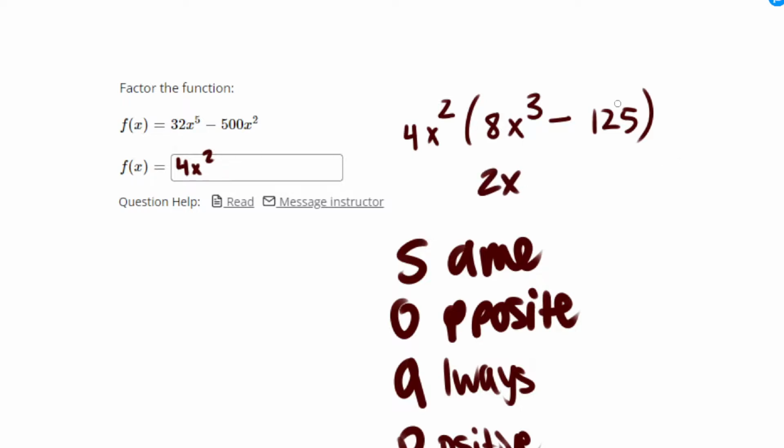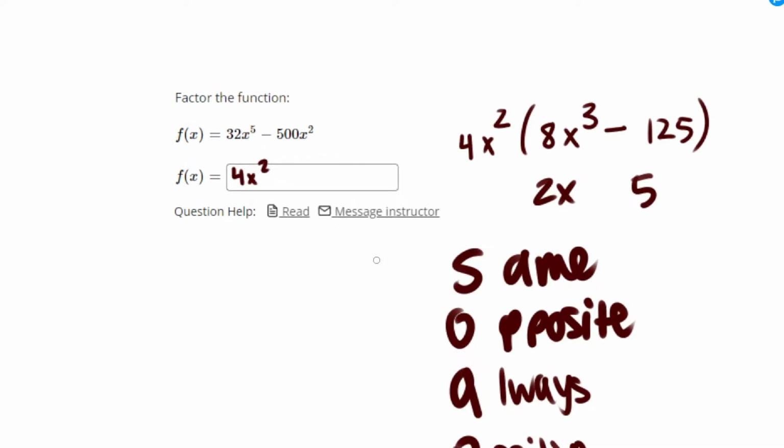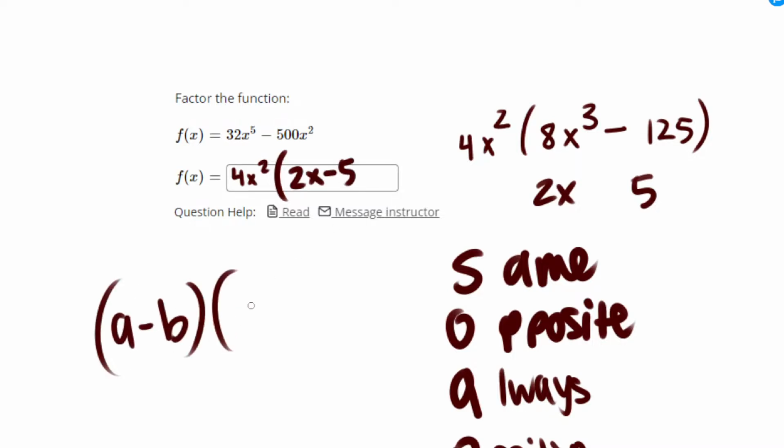And 125, the cube root of that is going to be 5. And we know this sign here is negative. So our first one is whatever we have, so 2x minus 5, it's going to be a minus b. And then a squared, and then whatever it is, in this case it's negative, minus ab plus b squared.